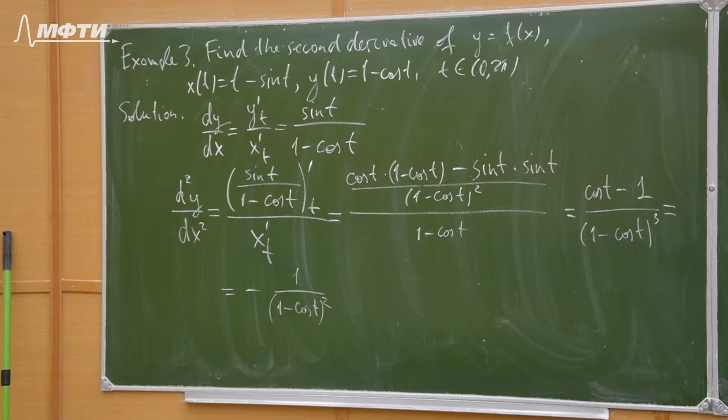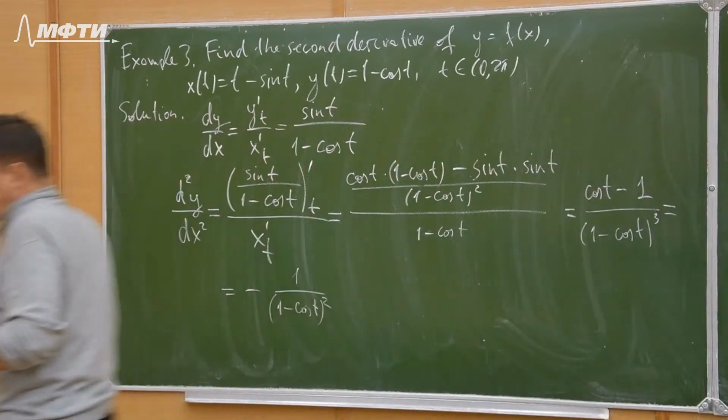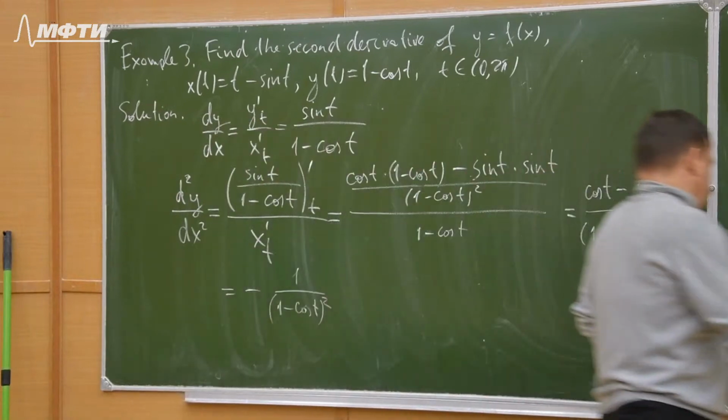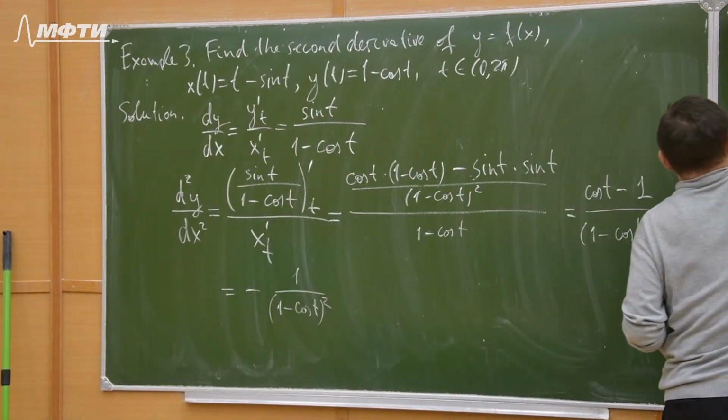This section is called mean value theorems. So, section 22.3, the mean value theorems.